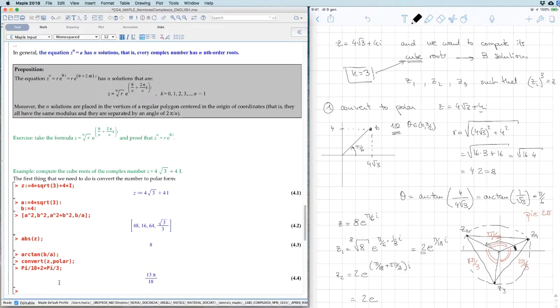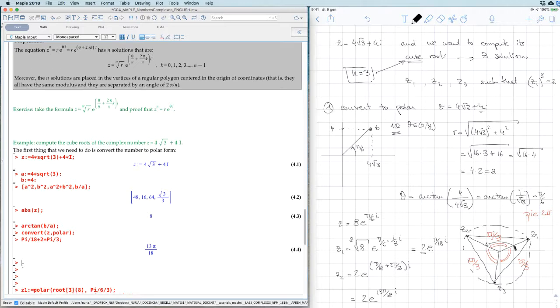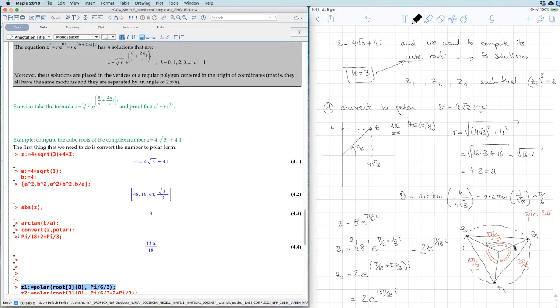Okay, so it's going to be 13 pi over 18 i. So this is going to be the second one. So if I have the first root here, modulus 2, argument pi over 18, the second one has the same modulus, and we add 2 pi over 3.